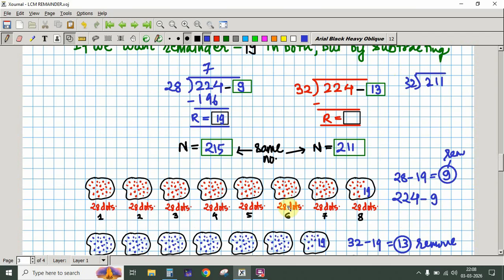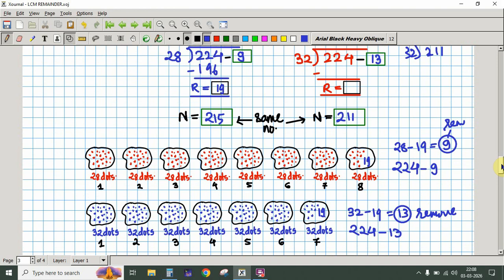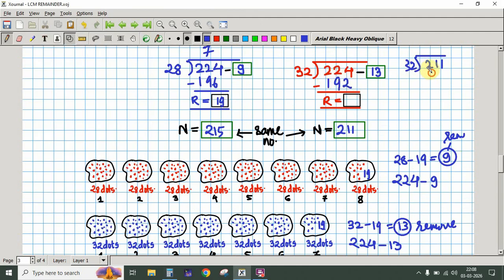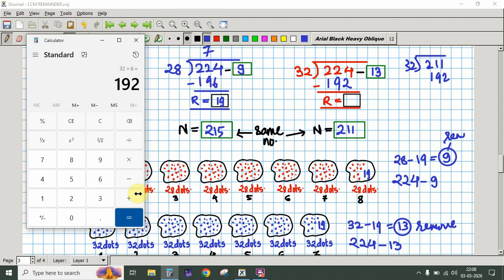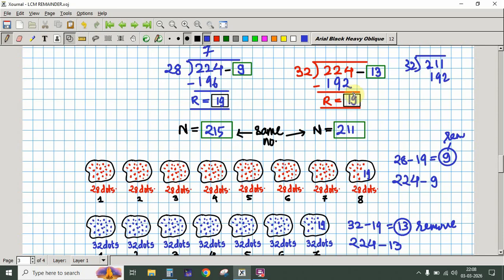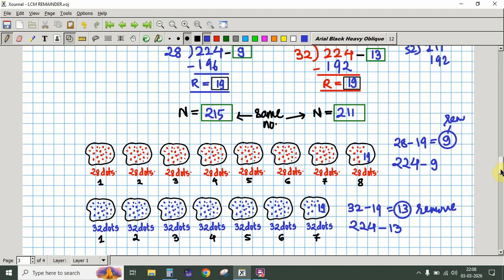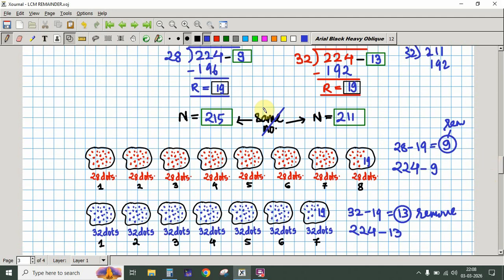What is the closest number to 211? It's obviously 6. 32 sixes are 192. So here we have 192. Subtract it from 211. 211 minus 192, so remainder is 19. That negative is because I am subtracting a bigger number from the smaller one. Let's ignore that negative. Again, is the number the same? No.